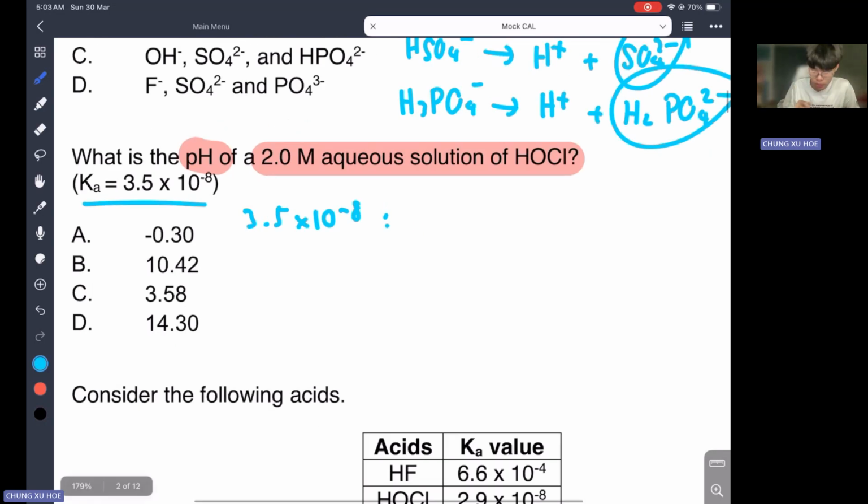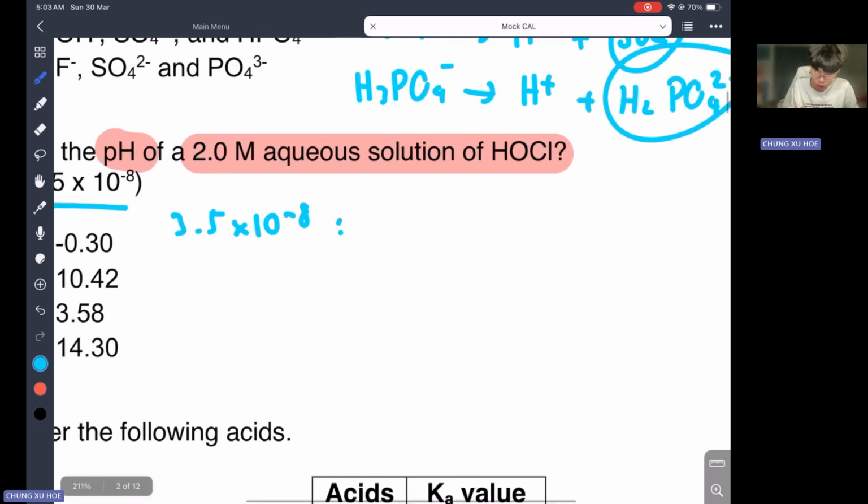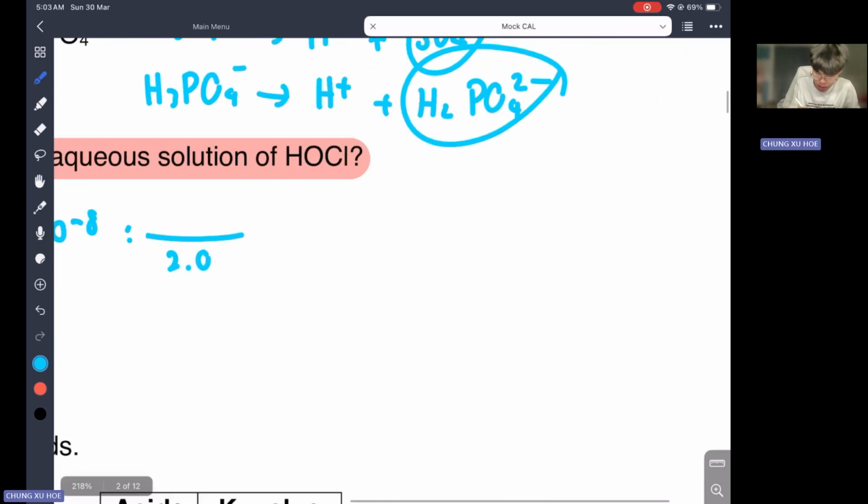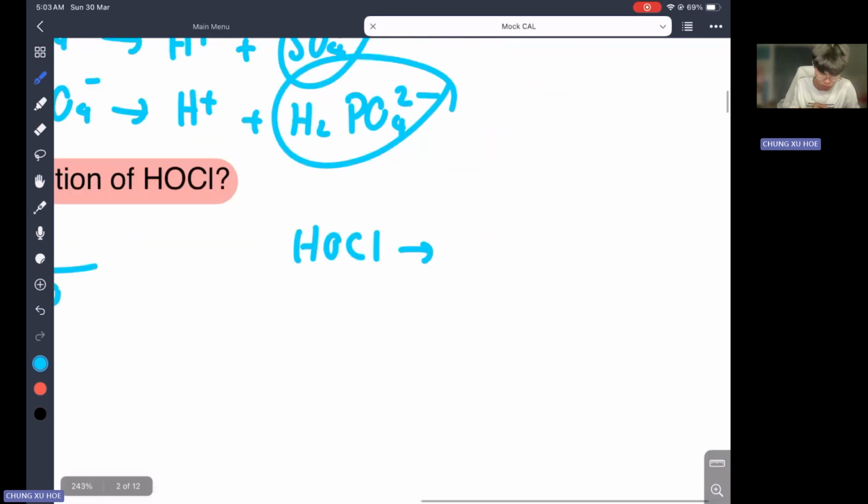Okay, so on top is going to be reactant, below is going to be product. So for the reactant, I got HOCl 2.0. Okay, write the equation. HOCl becomes H plus and OCl minus. Wait, is this a strong acid or weak acid? Okay, never mind, not important.